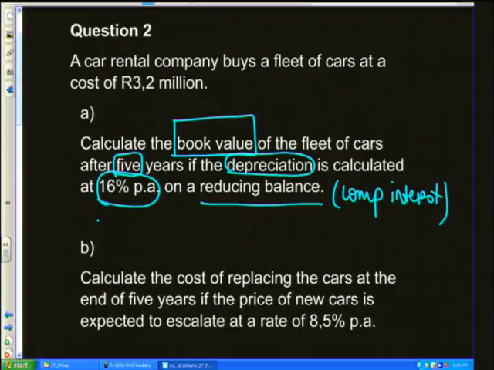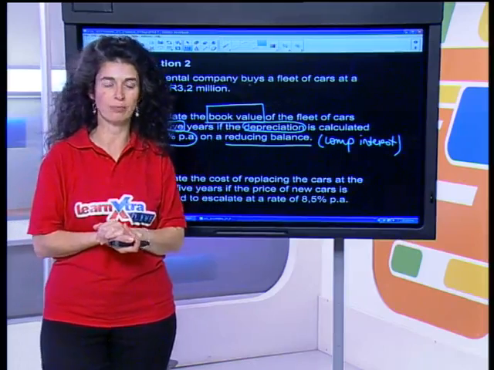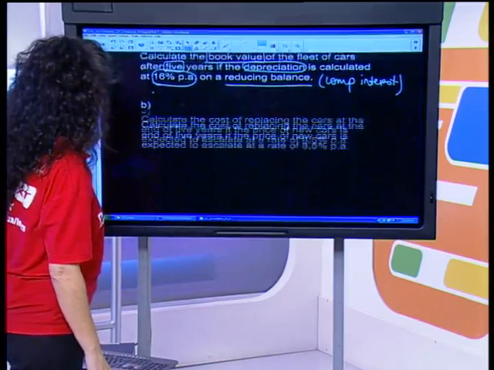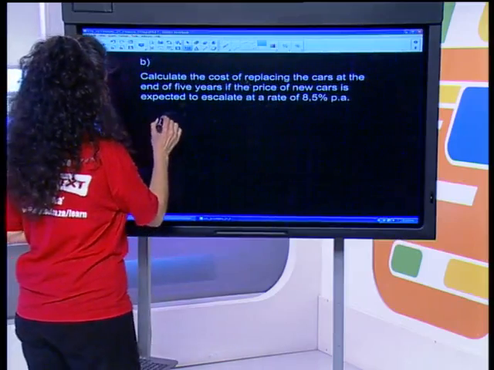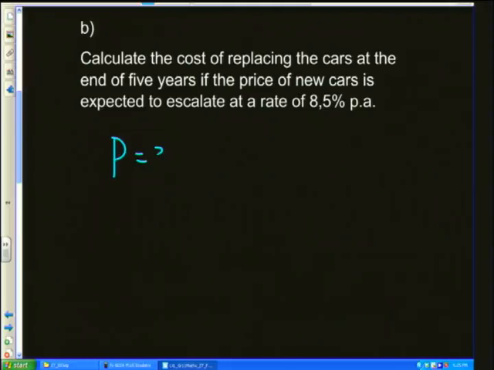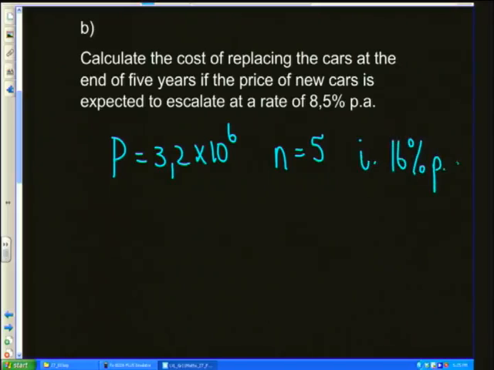So we're going to look at a fleet of cars, costs 3.2, depreciates for 5 years at 16% per annum. And we don't get an effective rate with depreciation. It's always an annual calculation on depreciation. Right, so let's look at that. We've got a fleet of cars that is 3.2 million. We have N is 5 years, and we've got I at 16% per annum.